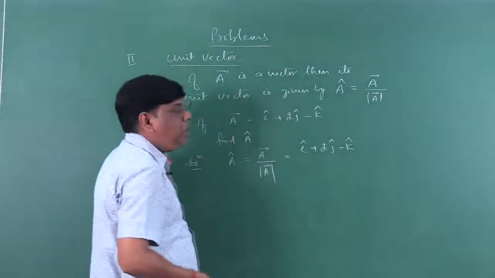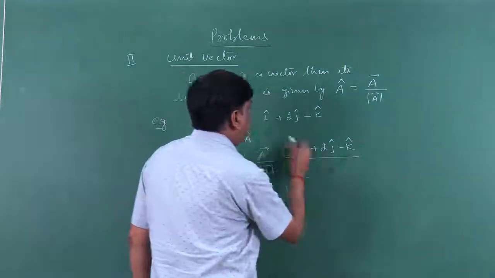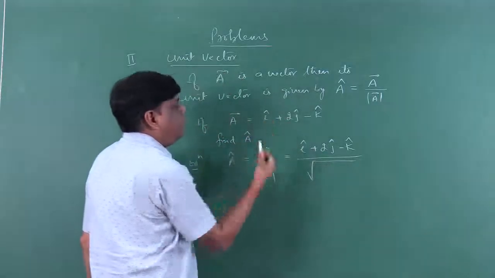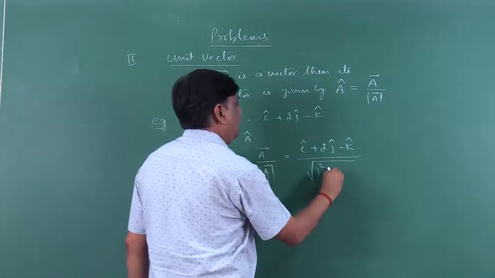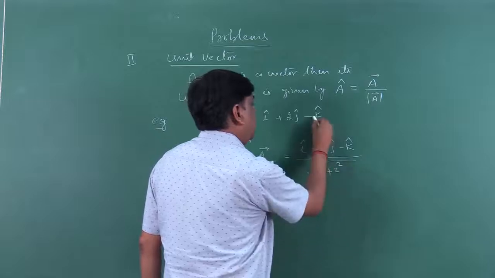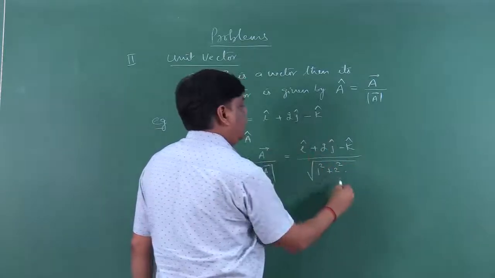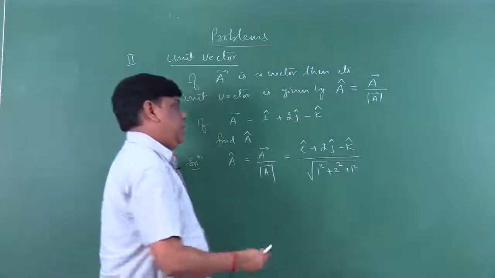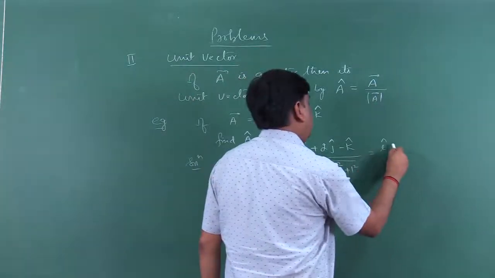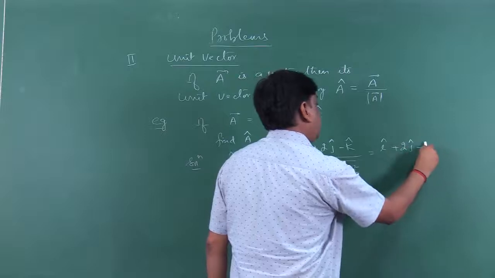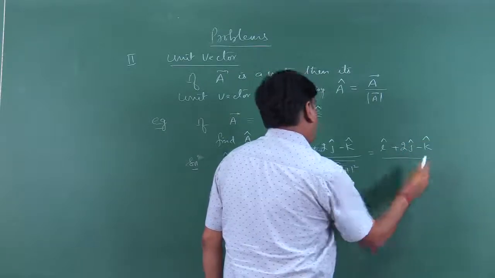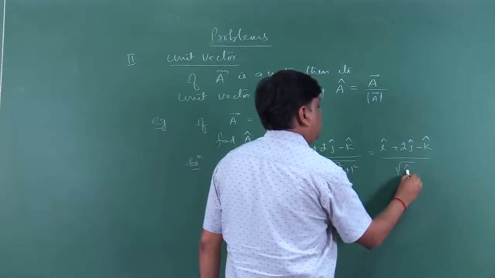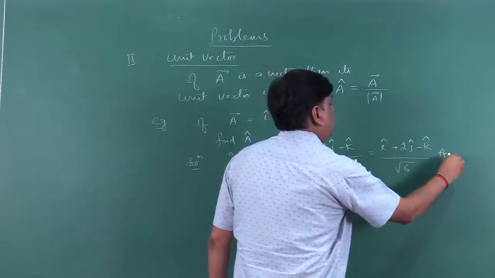This is vector A, and you have to divide by its magnitude, so magnitude will be given by coefficient of i cap, that is 1, so 1 square plus 2 square, and here it is minus 1 so minus 1 square, that is same as 1 square. So we can solve it and write it as (i cap plus 2j cap minus k cap) over, now this is 4 and 5, 6, so it is root of 6. So this is the answer to this question.